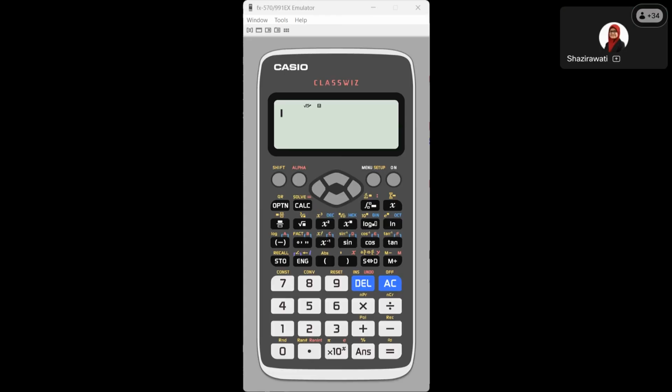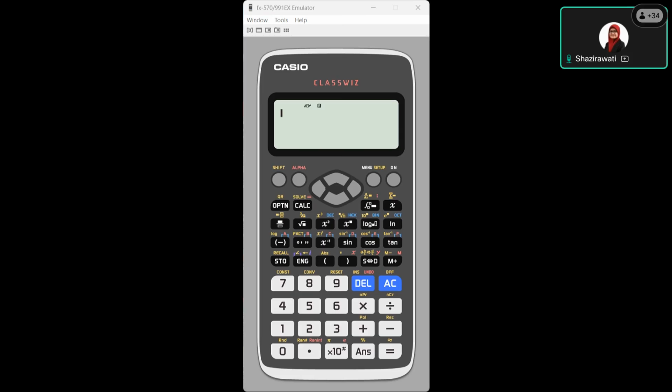Nak share simultaneous. Share something else. Tak apa. Ini kalkulator. Okay, tak apa, kita tengok calculator je dulu. What you can see right now, calculator.